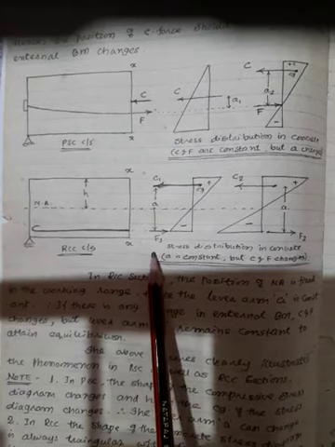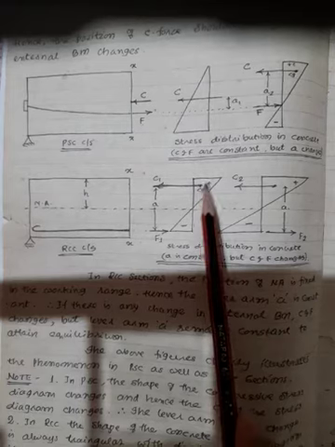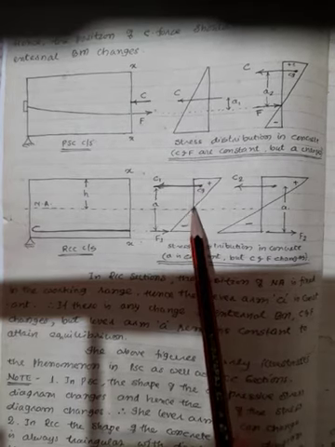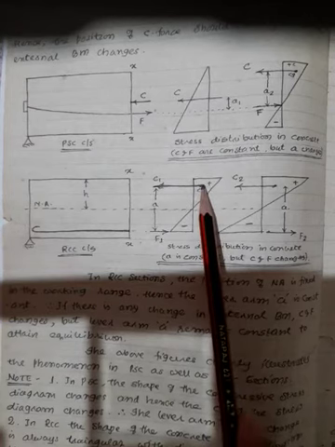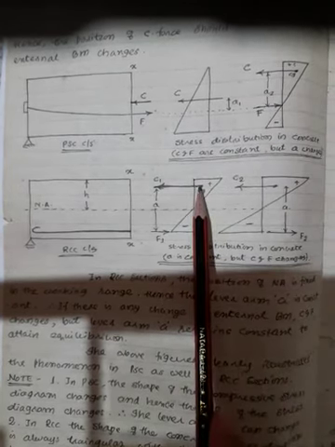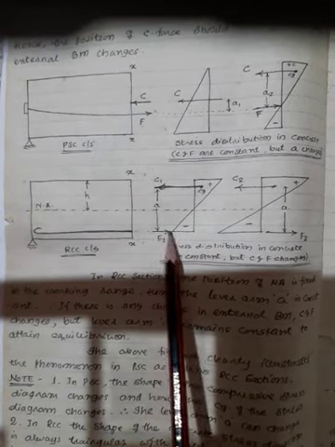And at the CG of the stress block, in this compression zone, at the CG of this triangle, your compressive force is going to act, which I will call the C1 force. C1 force is acting here, and F1 force is acting here.